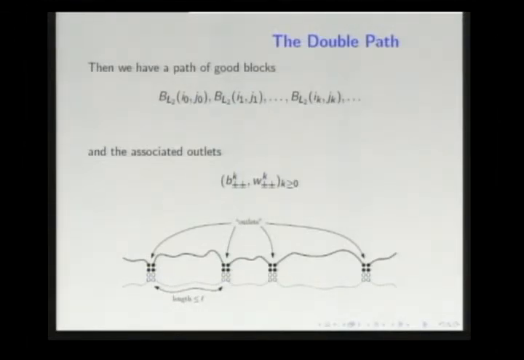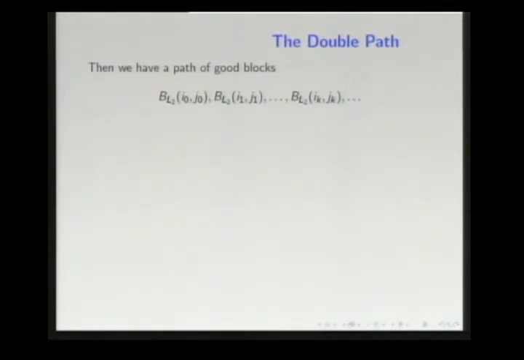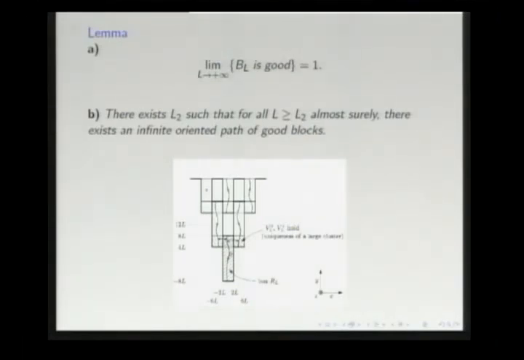My outlets, an infinite path with infinite outlets, and these outlets are connected by 1 paths here and 0 paths here. And in this construction, it's also important that the distance between 2 consecutive outlets has an upper bound. This is trivial because in the worst case, the volume of 2 blocks is this upper bound.